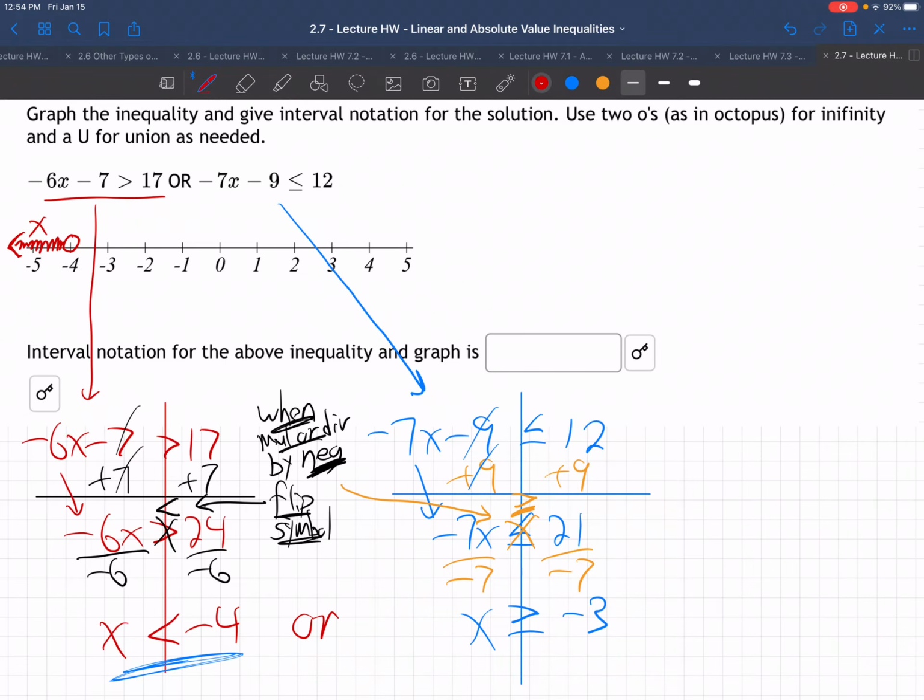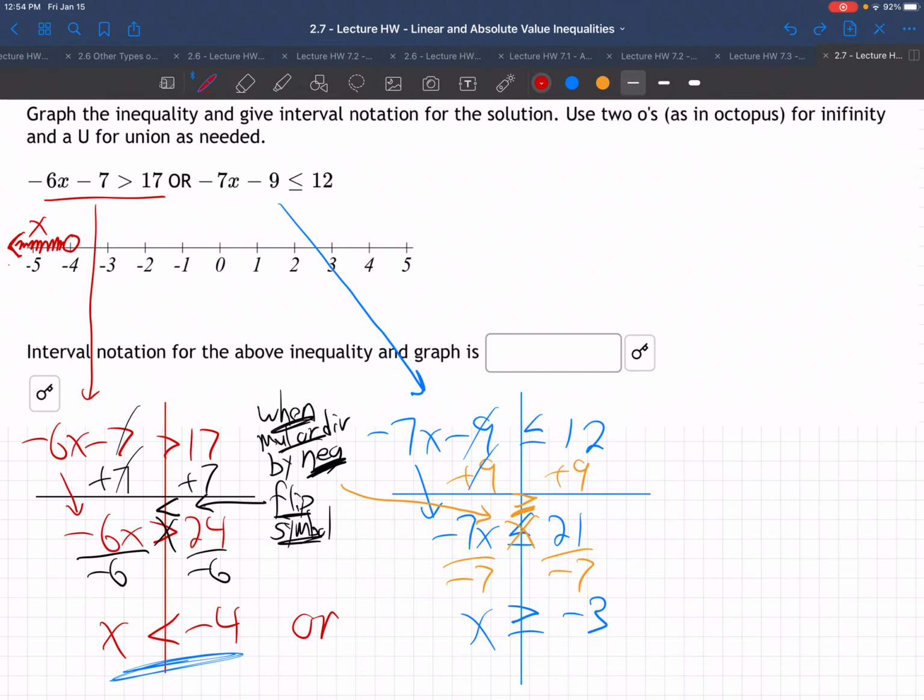Open dot, because you're not going to put a solid dot there, because it's not equal. If it was equal to negative 4, then I would put a solid dot because it would be right on negative 4, but it's not. It's only less than negative 4.